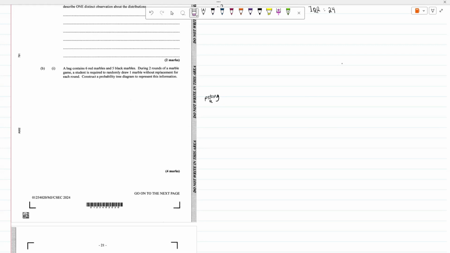When I dip my hand in a bag, I can either pick a red marble or a black marble.